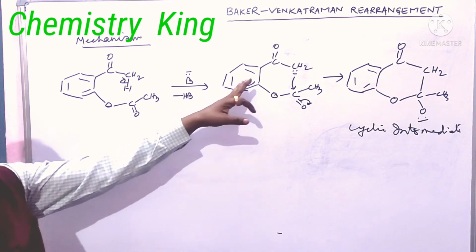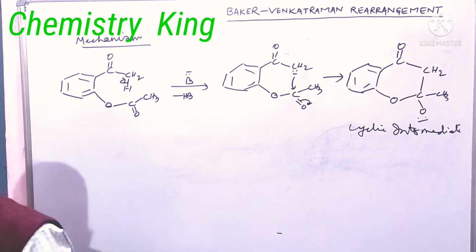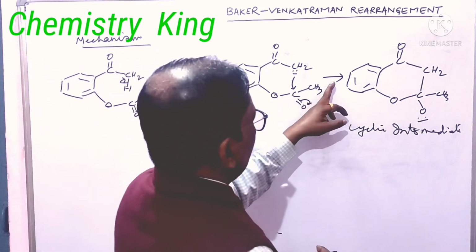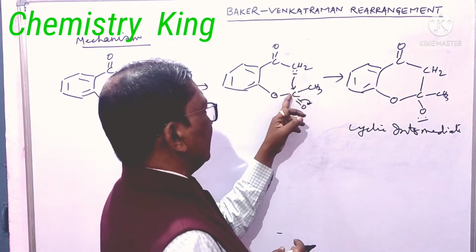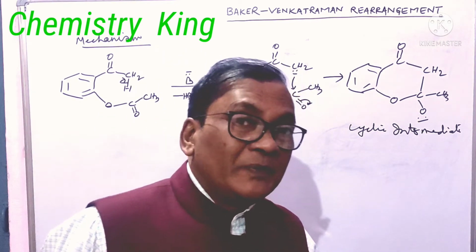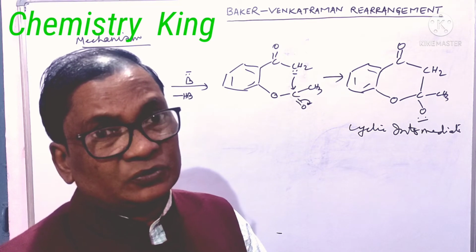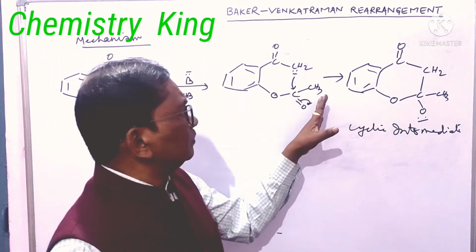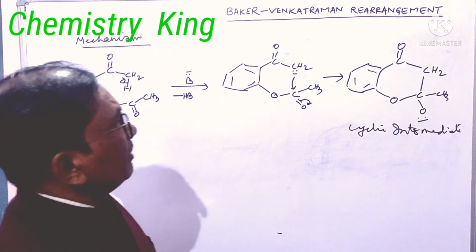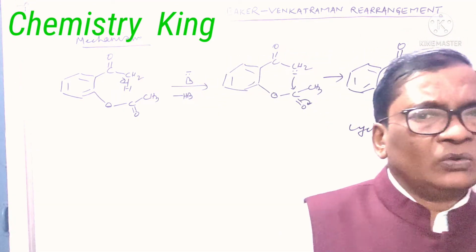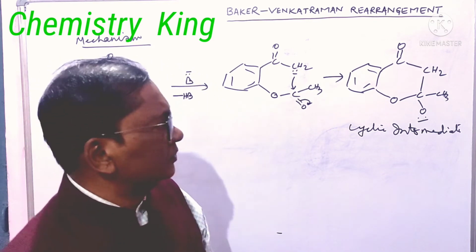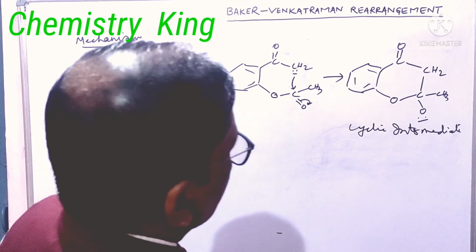First step is the formation of carbanion, like Claisen condensation. And second step is the attacking of carbanion at carbonyl carbon, also like Claisen condensation. So friends, before studying Baker-Venkataraman rearrangement, you must go through Claisen rearrangement. Both are very much similar. Okay, it is the cyclic intermediate.